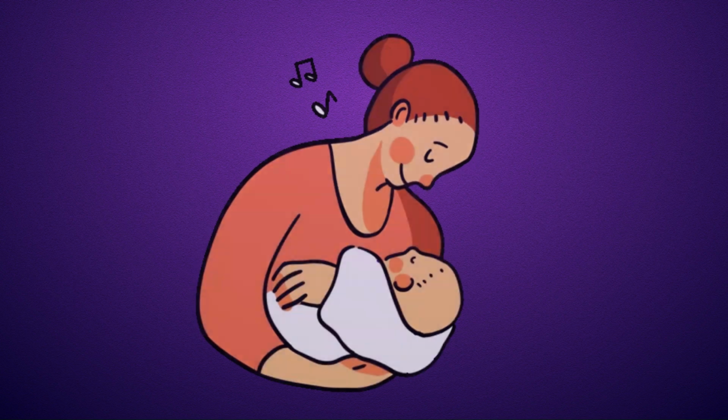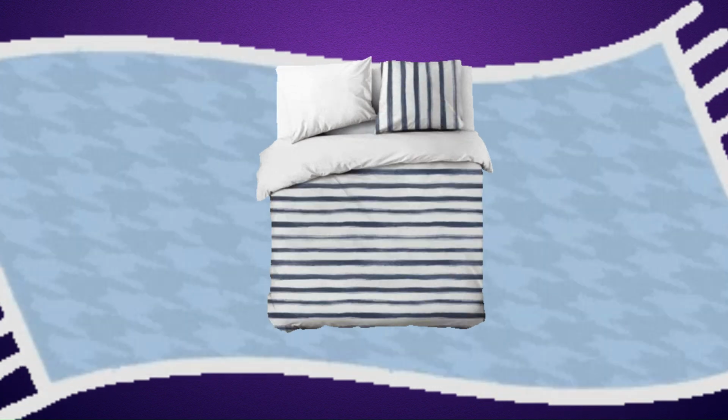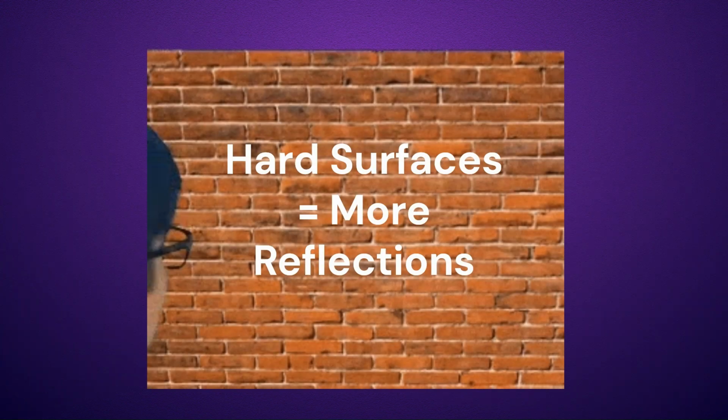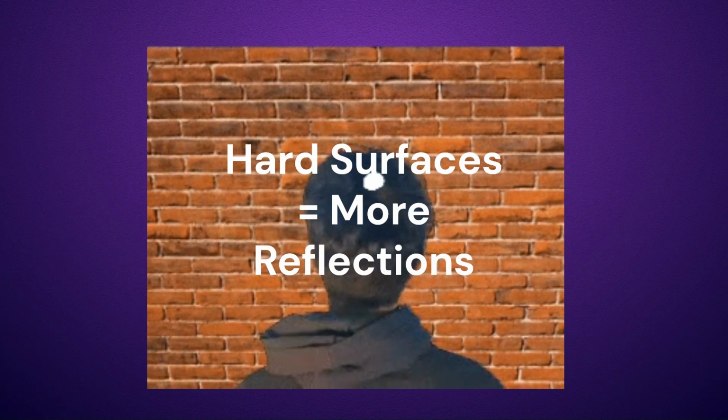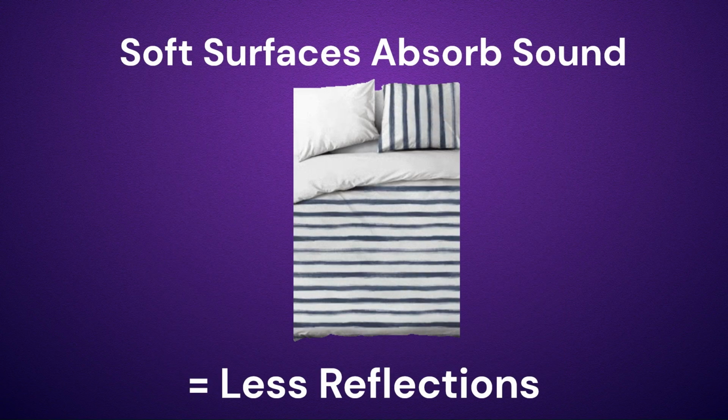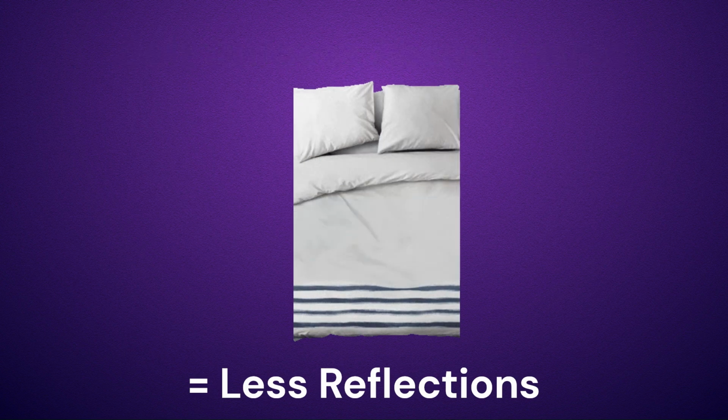It has less reflective surfaces like a bedroom with carpeting, soft bedding that absorbs the sound, and we get less reverb. Remember, reverb is reflections. So if we have a hard surface, we get more reflections. A soft surface absorbs some of the sound, and we get less reflection.